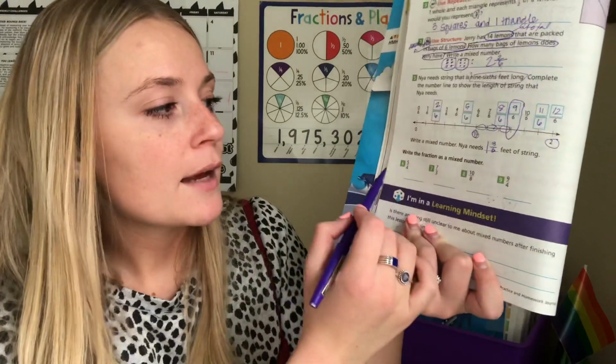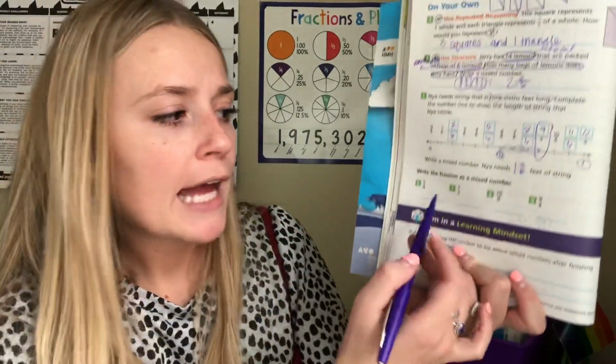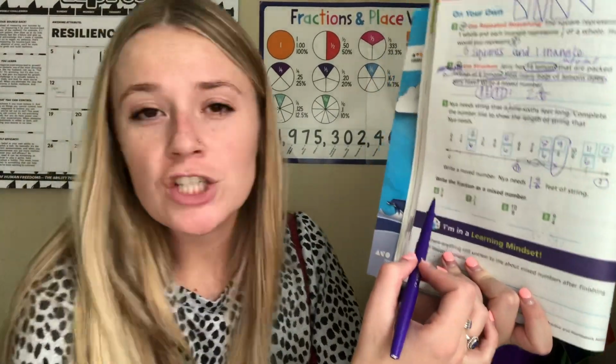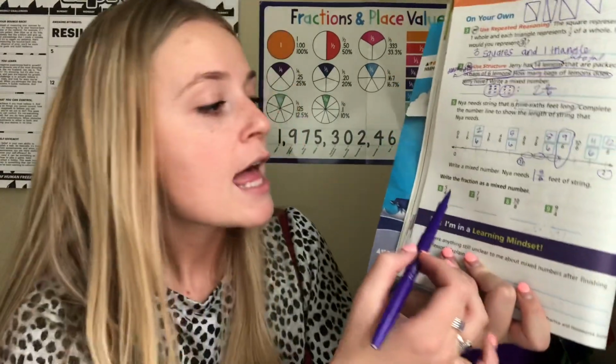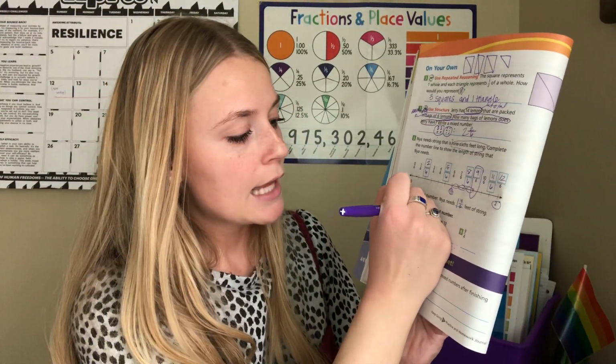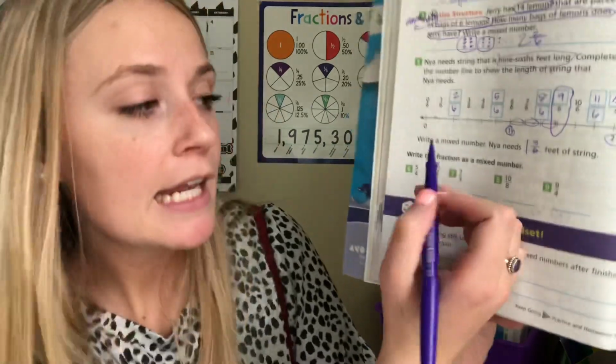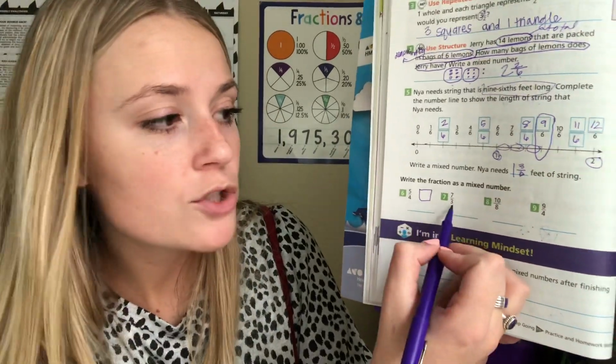All right, number 6, it says write the fraction as a mixed number. So when I see fractions like this that represent more than one whole, I imagine a circle or a square, some shape, and I imagine it divided into 4 parts or whatever the number at the denominator says.